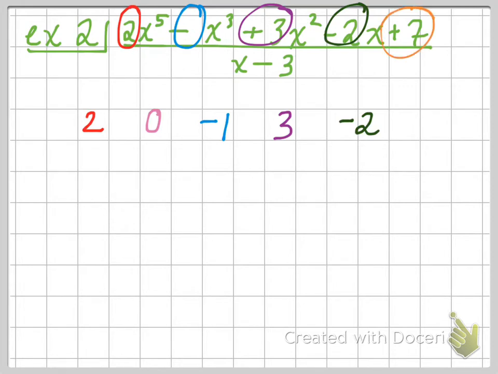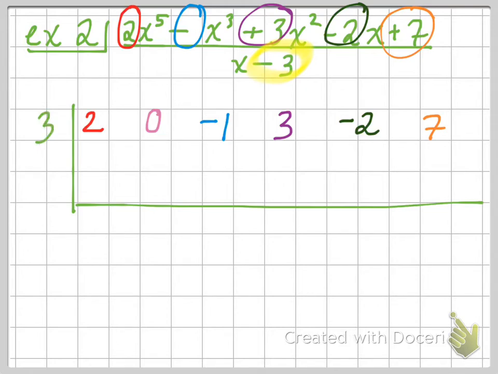And finally, we have a positive 7. So now I'm drawing my synthetic division bar, and I'm taking the negative 3, and because it's negative, I'm going to do the opposite sign of it when I set up my synthetic division, so I'm putting a positive 3.